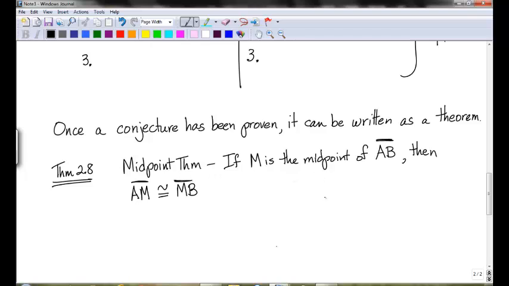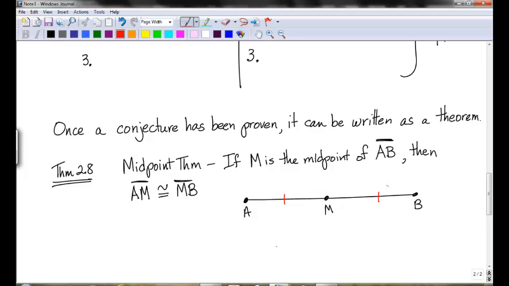Okay, and it would have a picture like this. These are segments, so no arrows. This would be A, this would be B, and M in the middle. Put it right at the midpoint. So it's telling you segment AM is congruent to MB. And remember, they're going to mark it with the little red lines to show that it's equal.